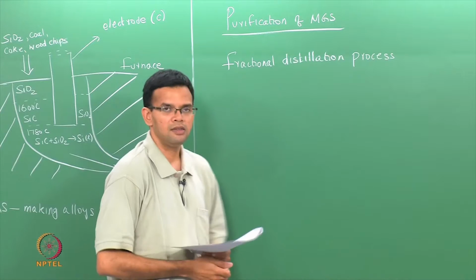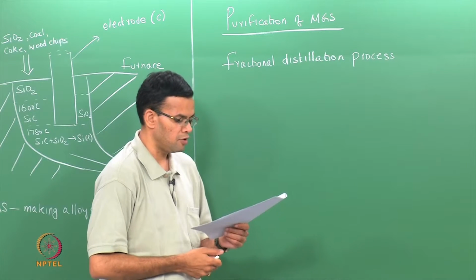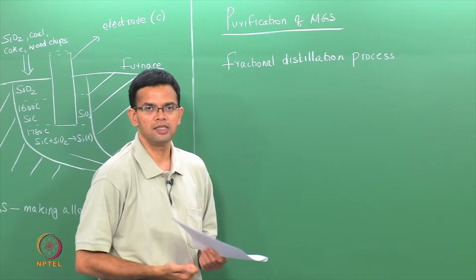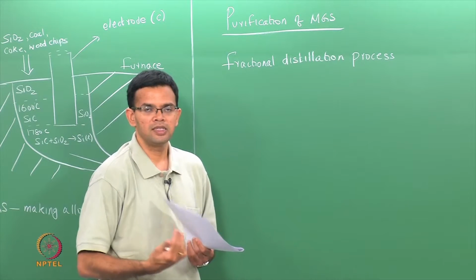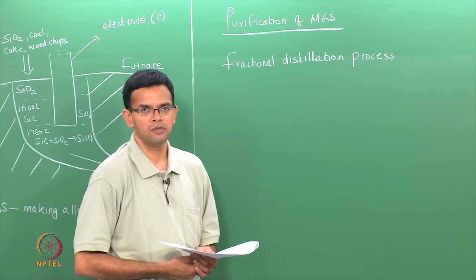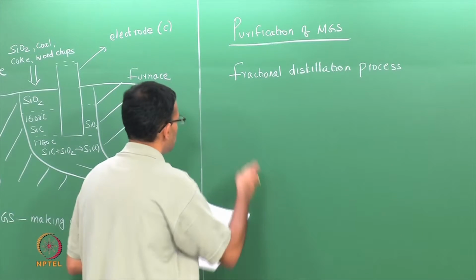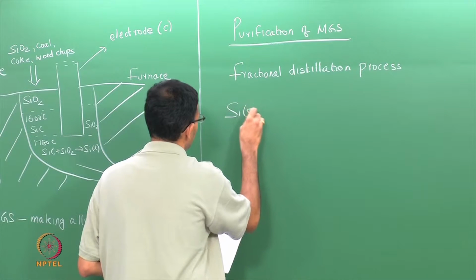So, here silicon is reacted with hydrochloric acid gas in the gas form in order to form SiHCl3. So, SiHCl3 is in the vapor form and is fractionally distilled. So, it is purified. This is then reduced in order to give silicon. So, the starting reaction is your silicon solid.